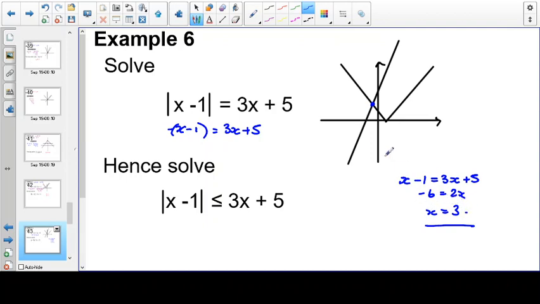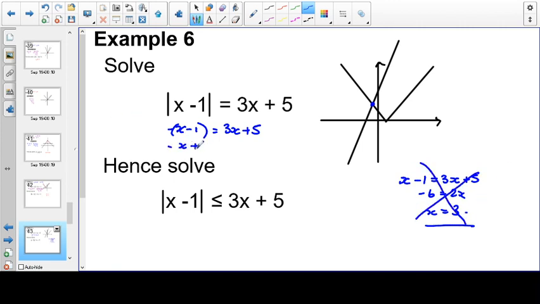But because it's a modulus graph, it doesn't actually exist, because we've forced it to go up there rather than to carry on. So if you just go through the process of solving the positive and negative equal to the line, sometimes you're going to get a solution that doesn't exist.